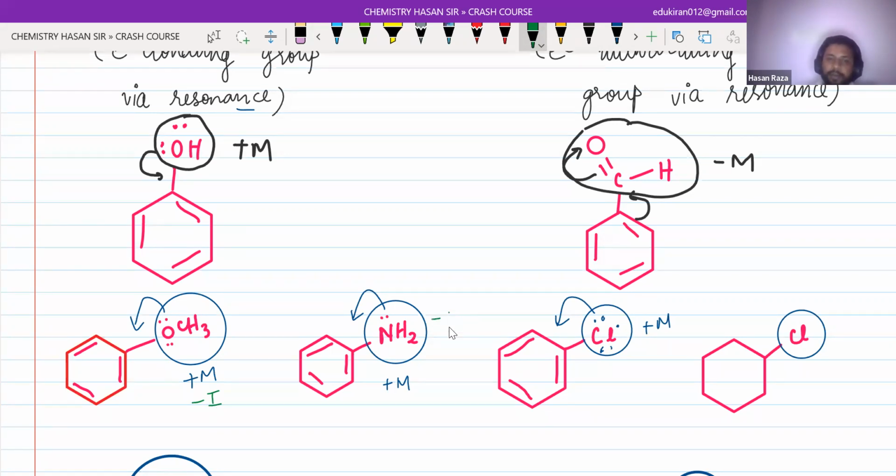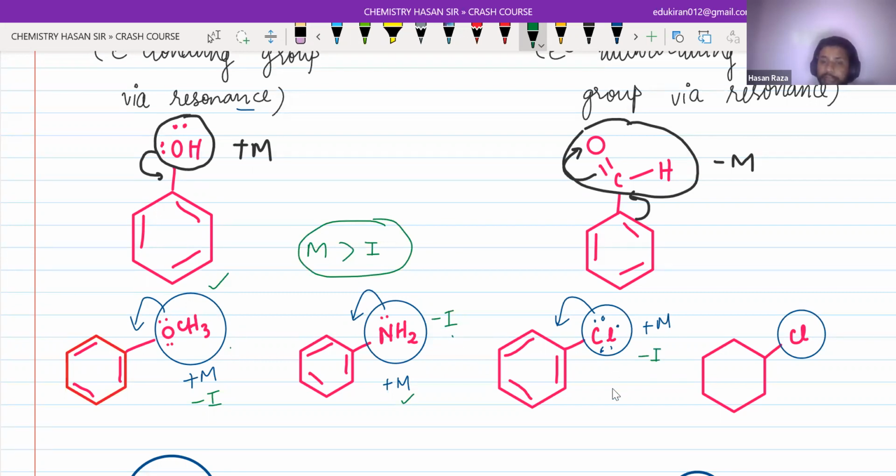Again, this NH2 will be acting as plus M, and chlorine is plus M, and here minus M. Always remember that we will give more priority to mesomeric effect than inductive effect. So plus M will be more than minus I.